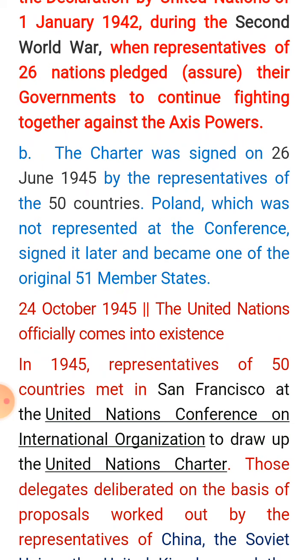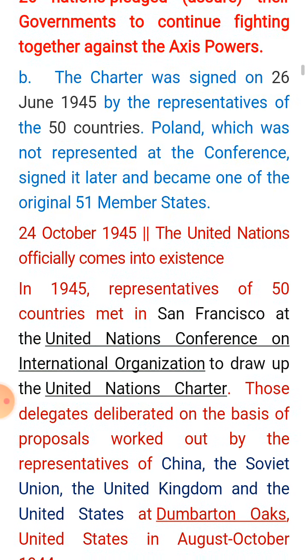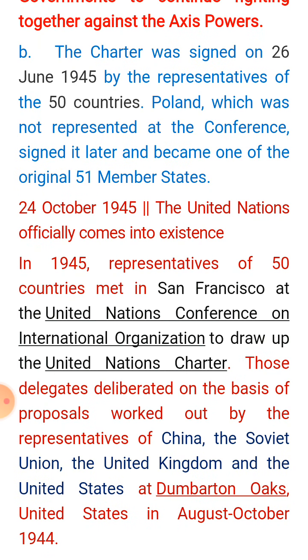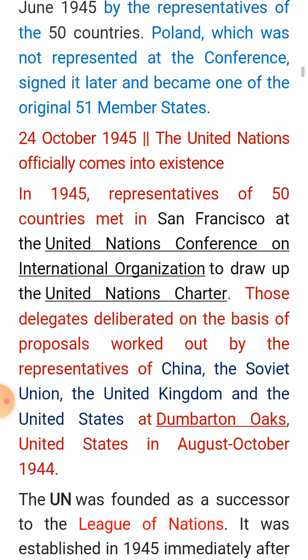Poland, which was not represented at the conference, signed it later and became one of the original 51 member states. The United Nations officially came into existence on 24 October 1945, right?